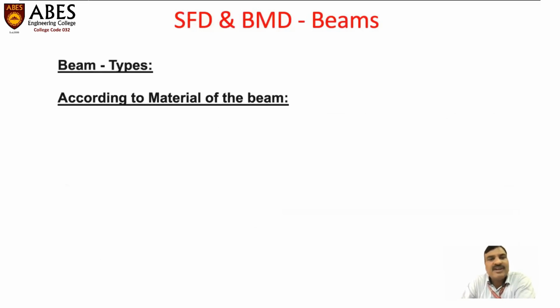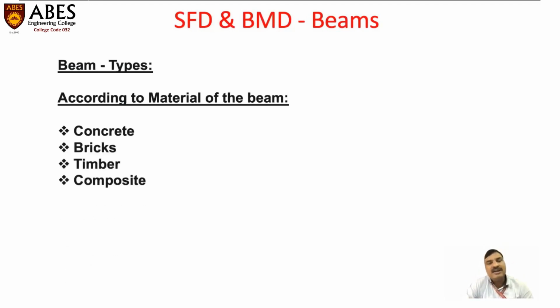So we can have another classification, which is according to the material of the beam. In the primitive stage, we were using wooden logs, so it was generally circular. But now with the advancement of technologies, instead of wood, we are moving on to concrete, bricks, and other timber materials, and we are again using fortified beams, which are generally called composite beams.